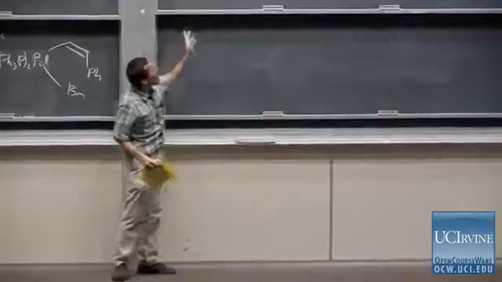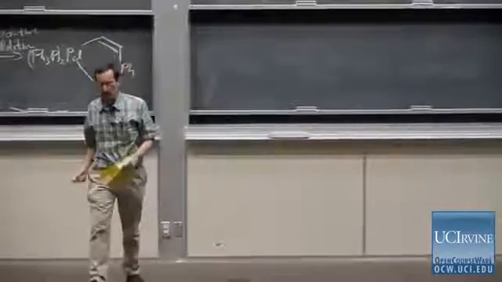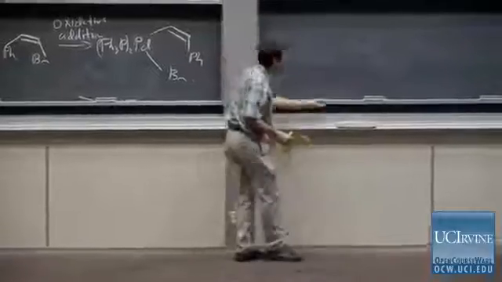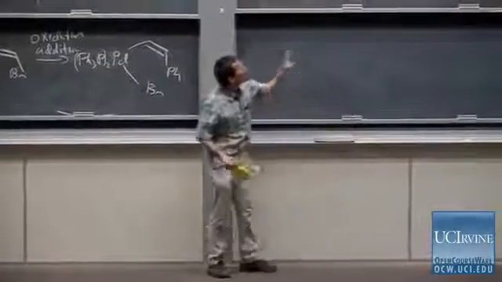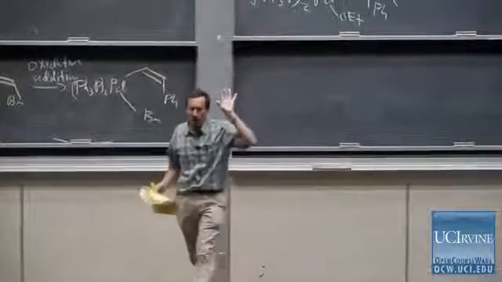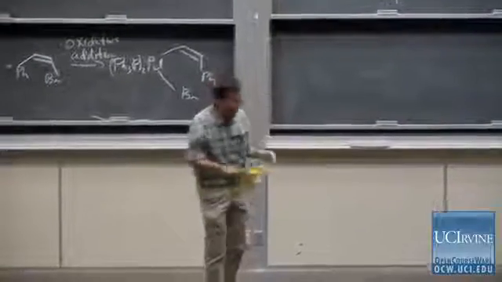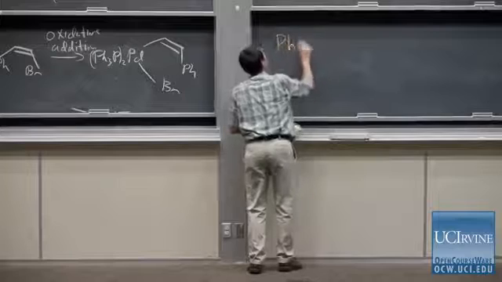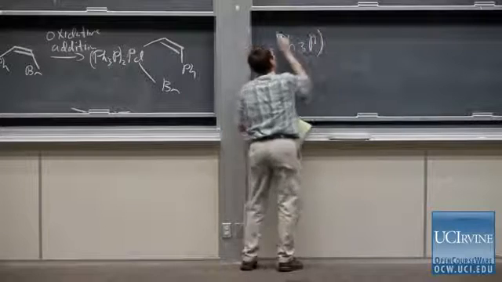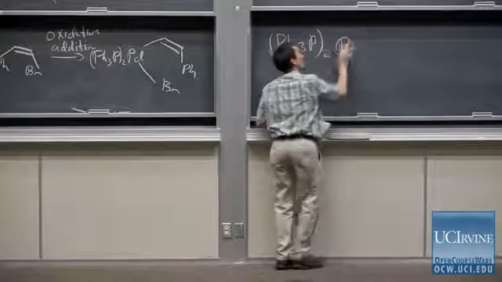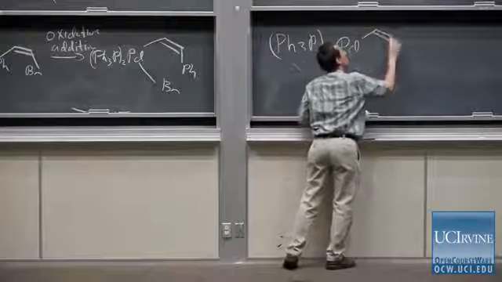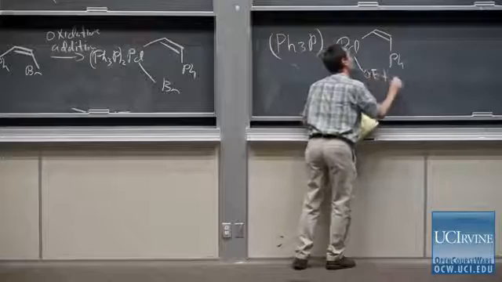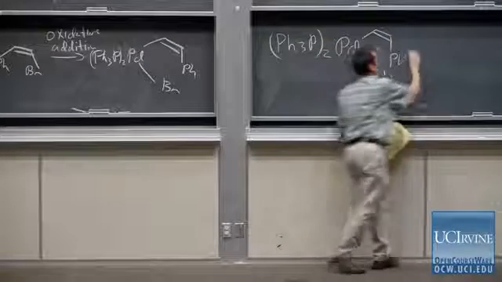Okay, now the next main reaction, the transmetallation reaction. At this point, we're going to transfer that R group from boron onto the palladium. In a way, it's like another one of these SN2 displacement sort of reactions I talked about. Okay, so here's our palladium species in the cycle.